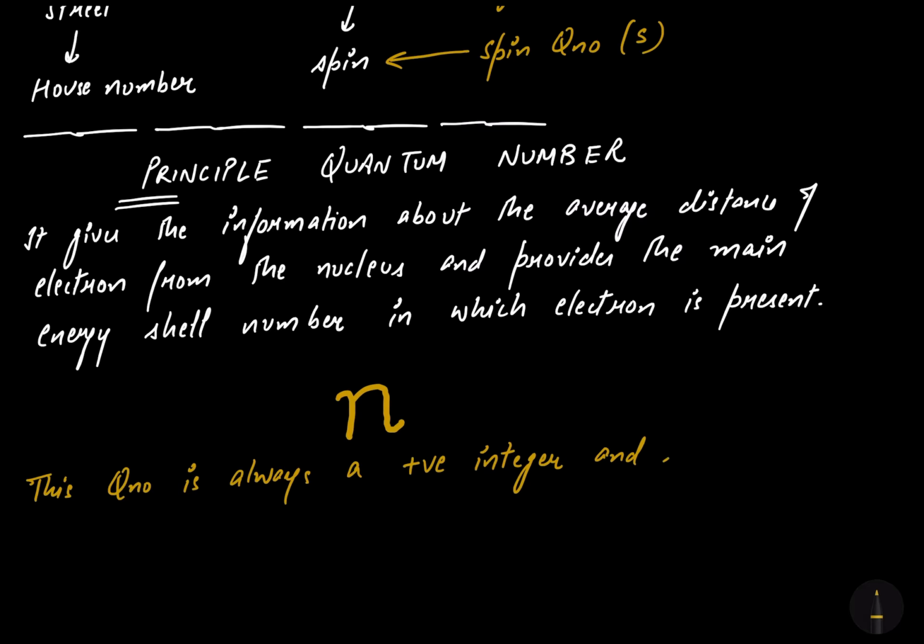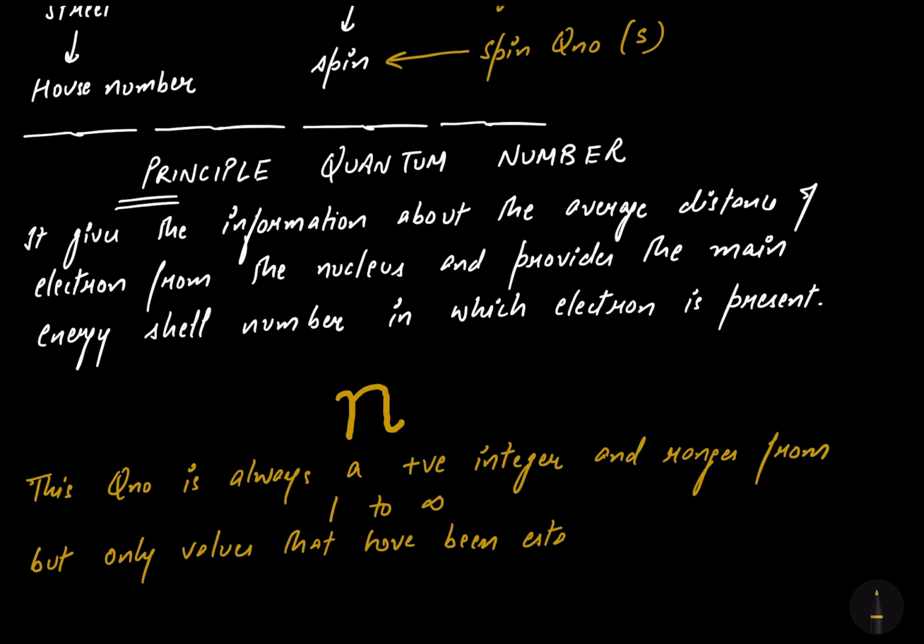But only values from 1 to 7 have been established yet.